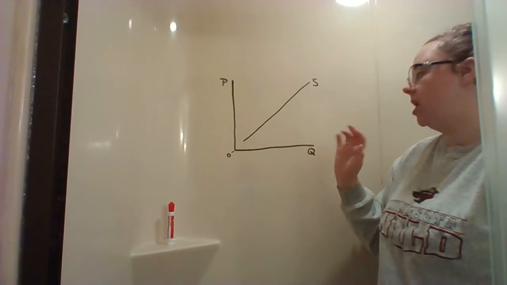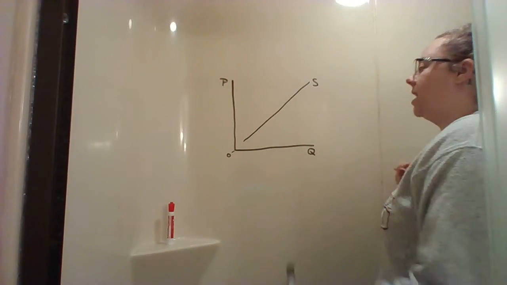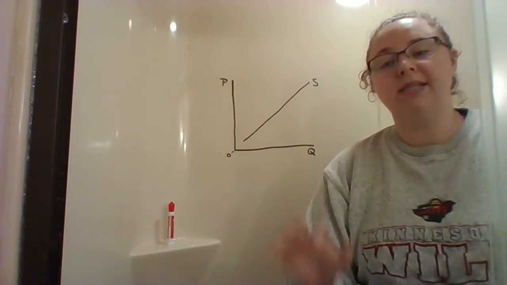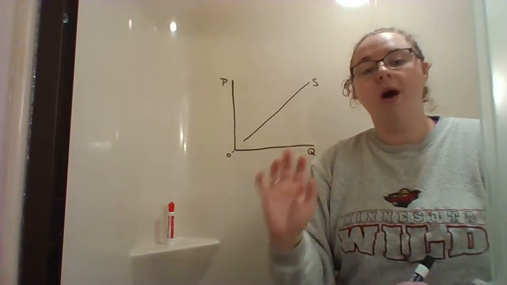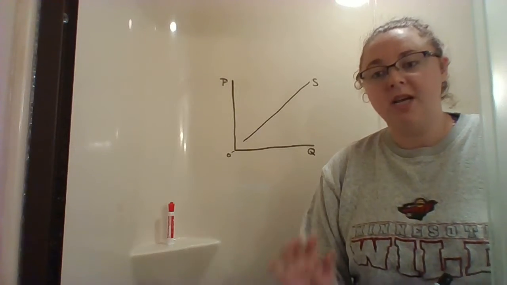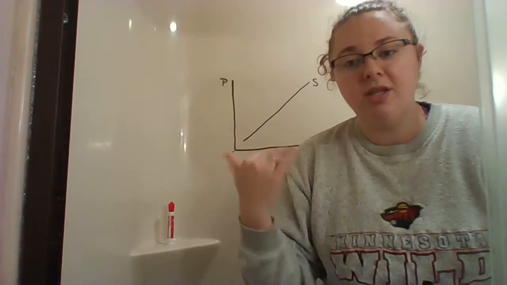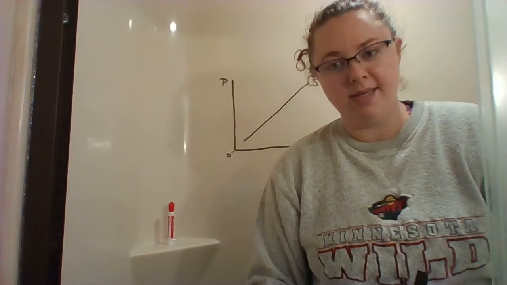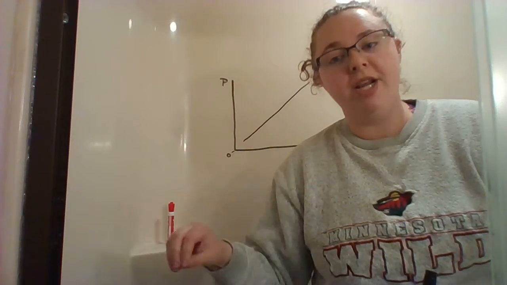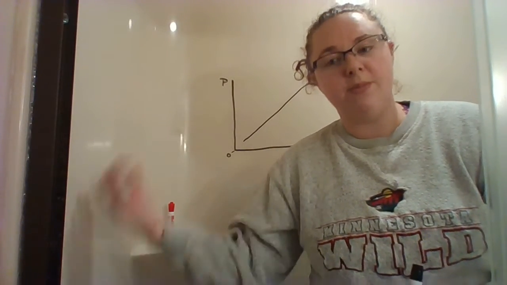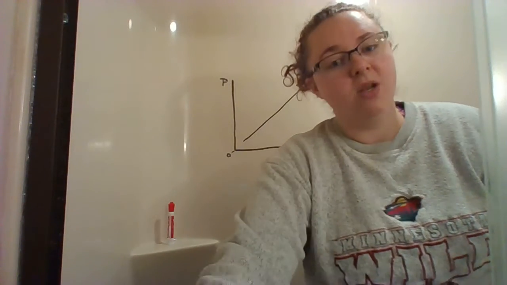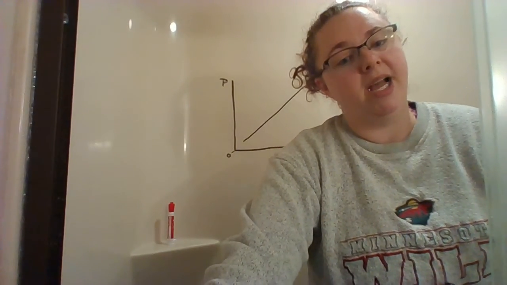Quantity supplied at every price. So this doesn't change. The line never shifts for price. The only other things that change it are the other aspects we'll be talking about later in this lesson. Price never changes when we're talking about a shift in the supply curve.